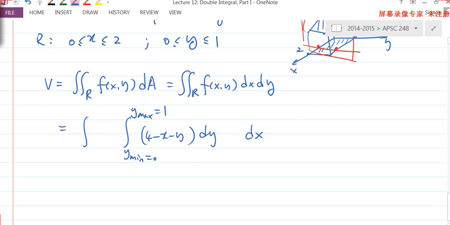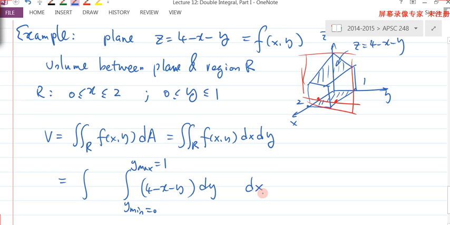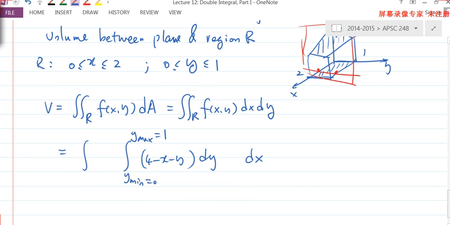And then the limits for x: essentially you move the plane from one edge of this R to the other edge of this R. So you're moving from here to here, and that's x between 0 and 2. So your x min is 0 and x max is 2.